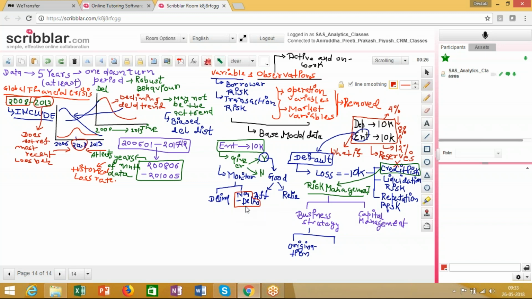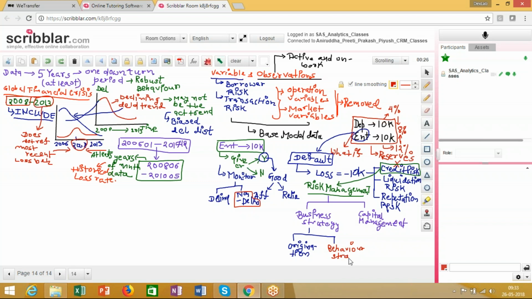So in the monitoring stage, which is also known as the account management stage, through proper account management strategies, the bank can actually try and identify the willingness of the borrower to pay back, right? So this is the second type of risk management strategy that a bank takes, which is the behavior risk management strategies.